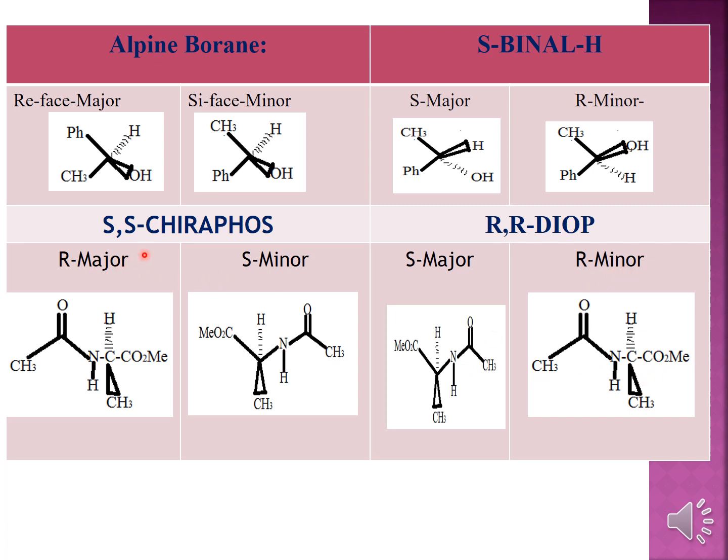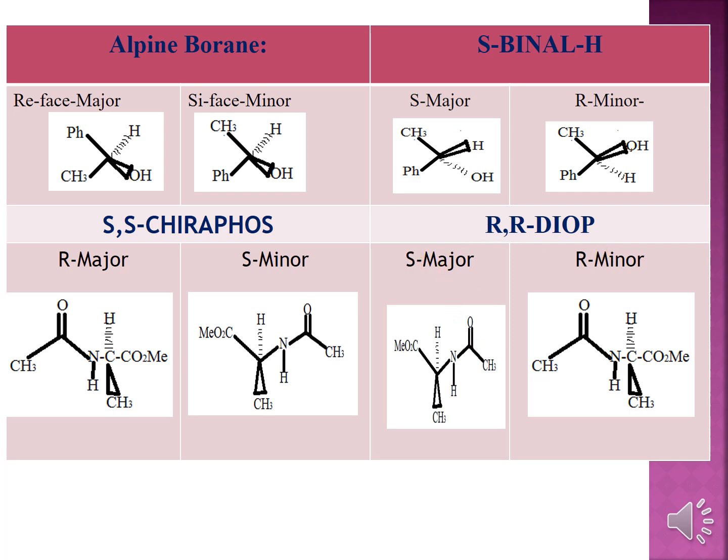In a simple way, whenever you see SS-CHIRAPHOS, remember the opposite of S is R, so the opposite will be your major product. So whenever you see SS-CHIRAPHOS, remember R will be your major. When you see R-DIOP, at that time remember S is your major product.